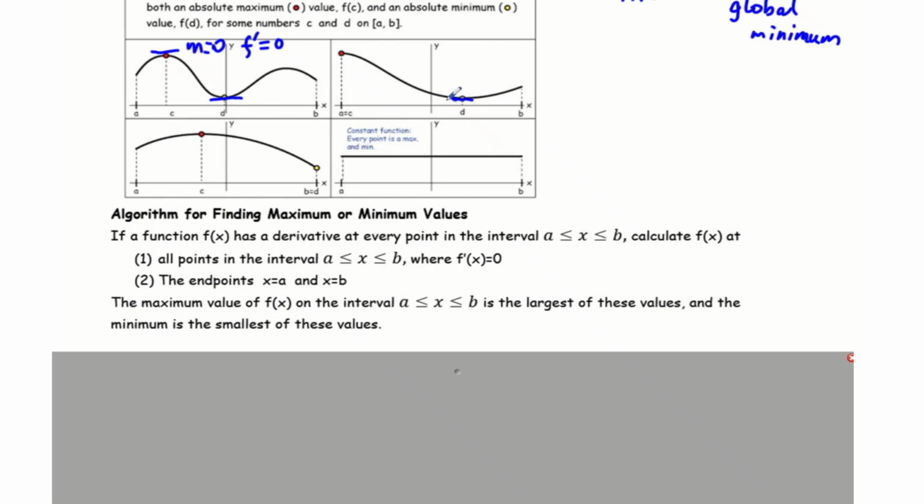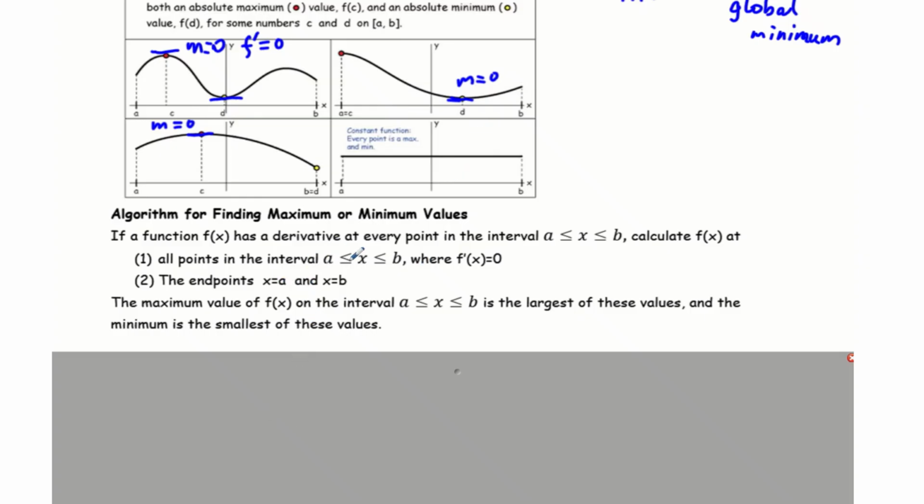If it's inside the interval, at this point you have the slope equals 0. All the points where the slope equals 0 may be a local maximum or minimum.